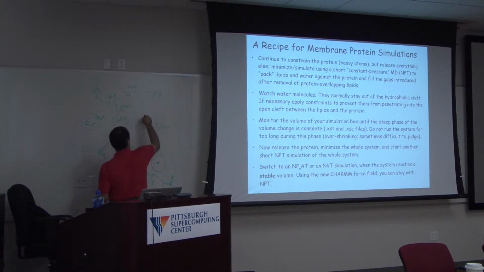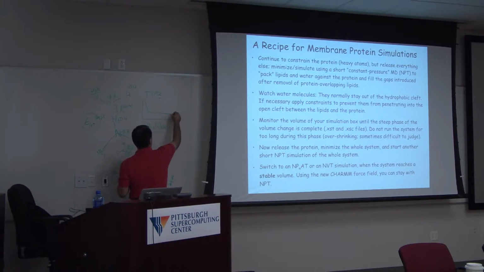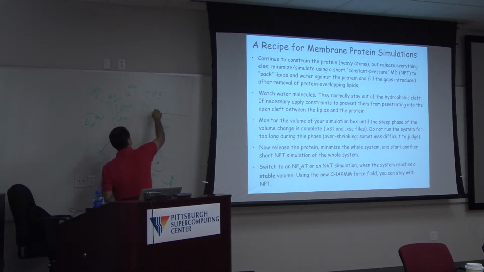If you look at the XY area, you can see that you have a quick drop and then a very slow shrinking with older versions of the CHARMM force field or with other force fields. So this can go on almost forever. Probably this first phase is what you want and this second phase is what you don't want. Maybe at this point we are going to switch to a constant area calculation that keeps the area for you and prevents that over-shrinking phase.